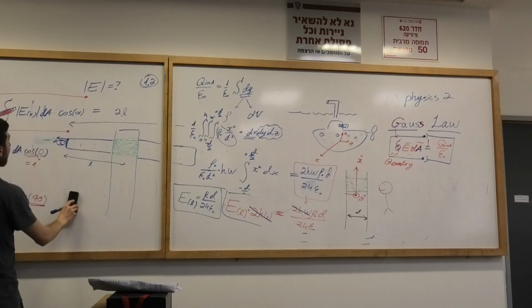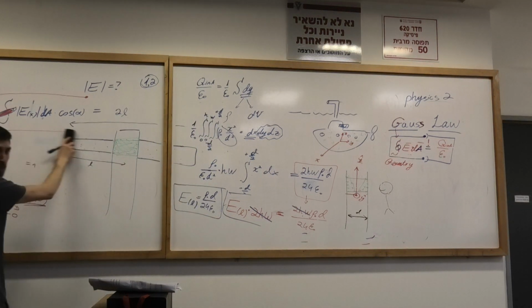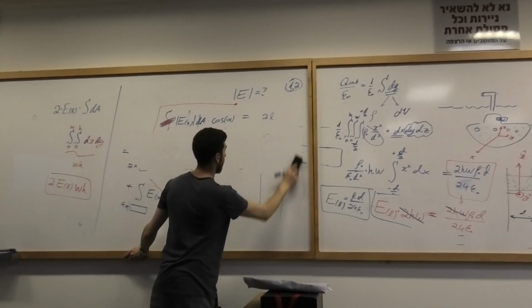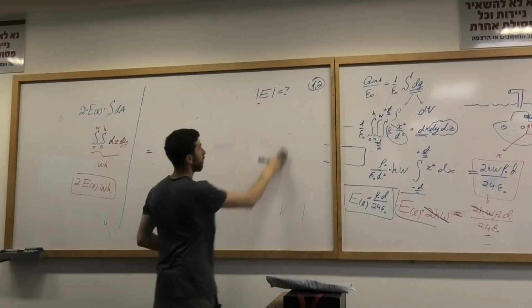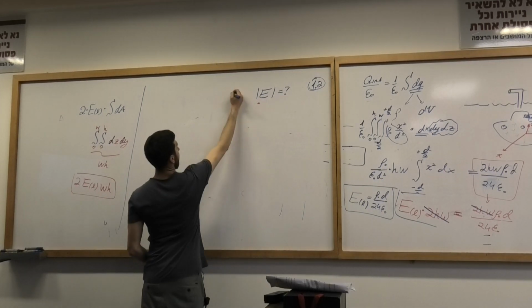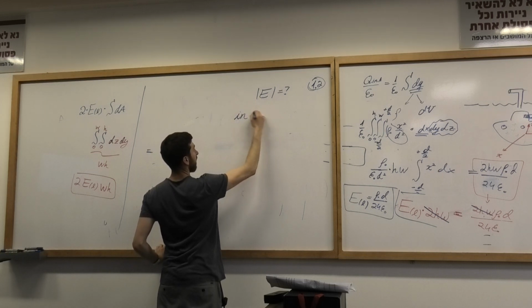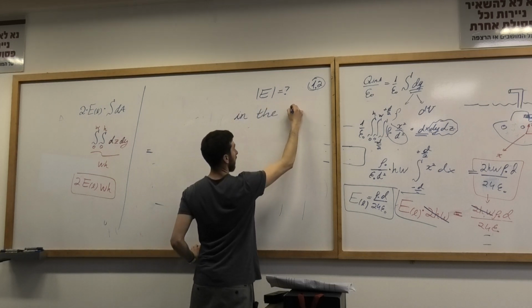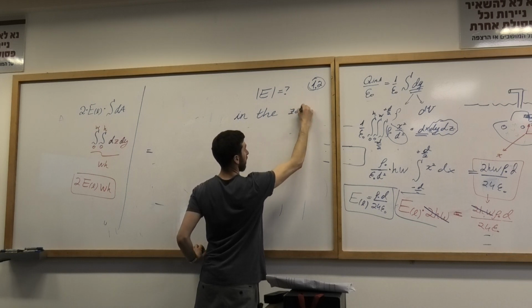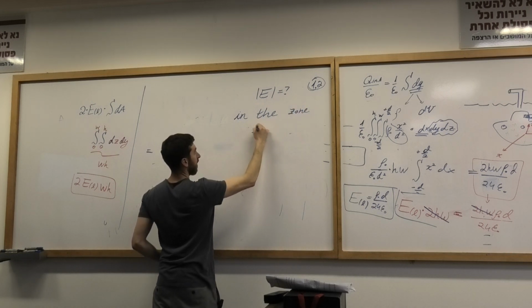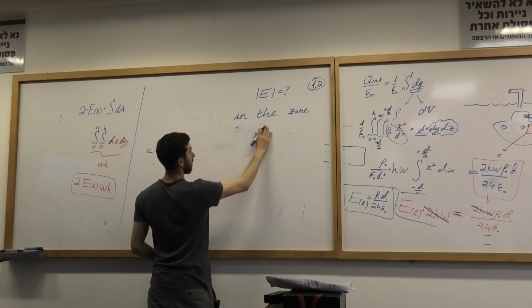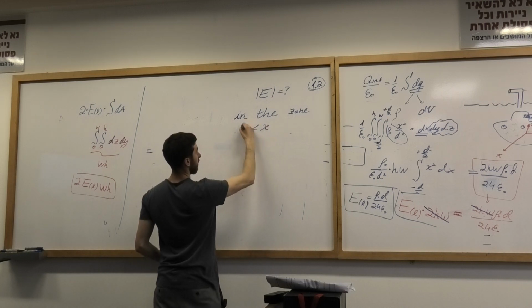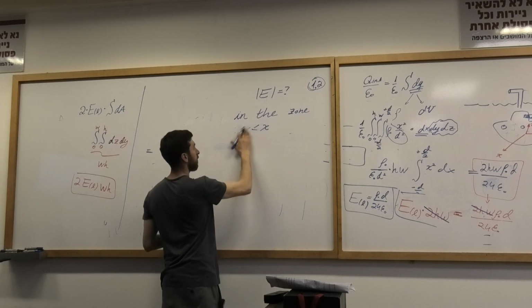So this is actually the electric field. Let's go here. I'm going to clean this part. Can the camera see me well? So let's sharpen the question. This was: what is the electric field in the zone where x is bigger than d over 2?